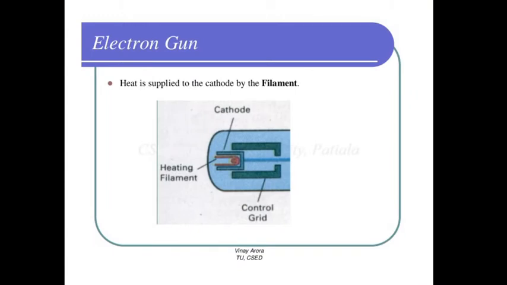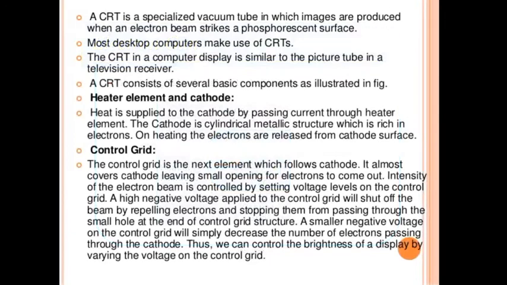The heating element is inside the cathode surface. By passing the current, it will make the cathode surface release electrons. On heating, the electrons will be released from the cathode surface.